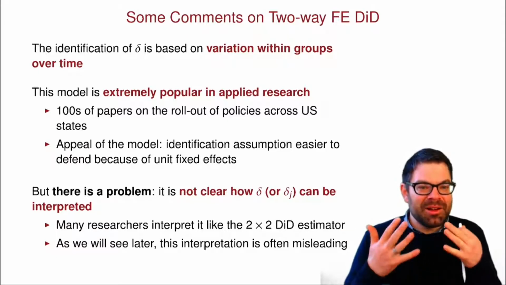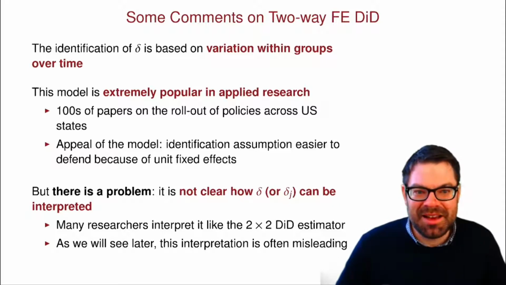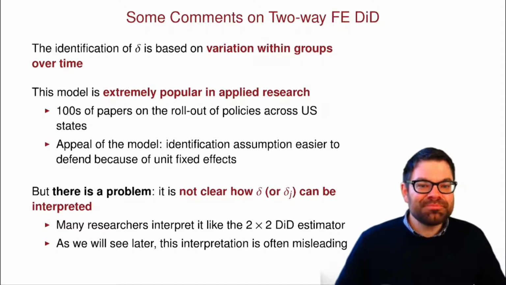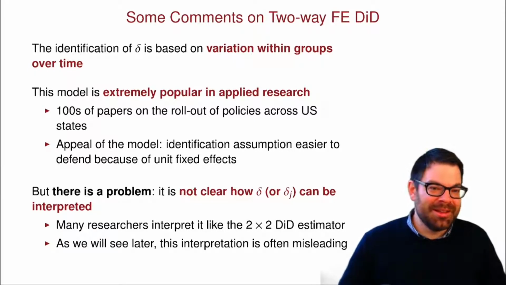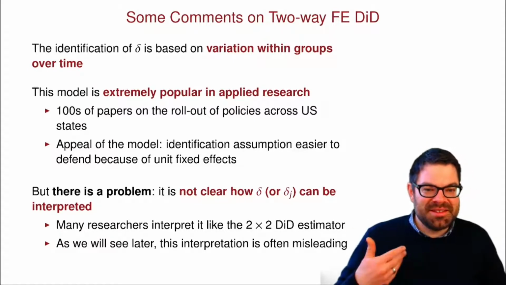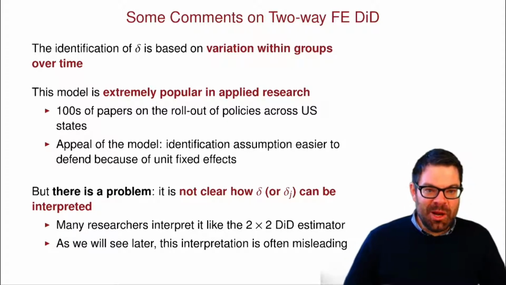But that comes at a cost, and the cost is what we only have discovered really in the last 2 or 3 years. As of, this video is done in 2021, and it's basically since 2018 that those papers have been coming, showing us that the way we've interpreted those estimates is actually just plain wrong and plain misleading. And so we need to look at difference in difference a lot more closely. That's what we will do.